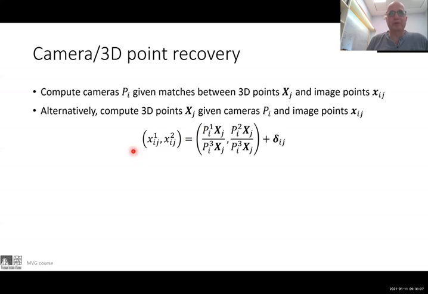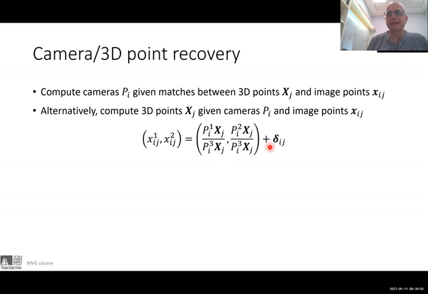We know that the projection, small xij, is given by these equations, which are simply the perspective projection after applying the camera matrix. So Pi is applied to Xj, and we divide by the z value. The superscripts 1, 2, 3 here are the rows of Pi.